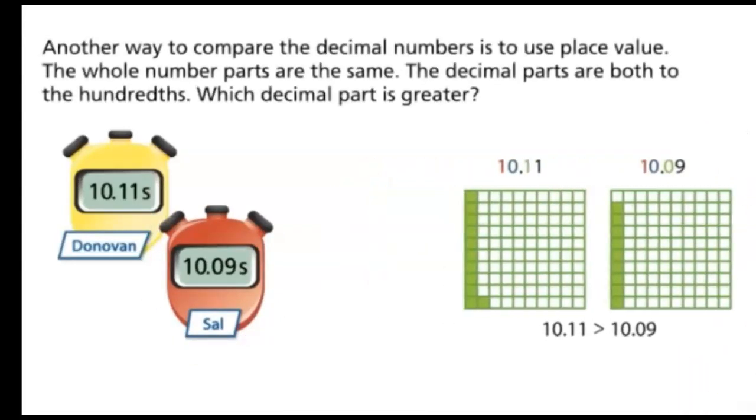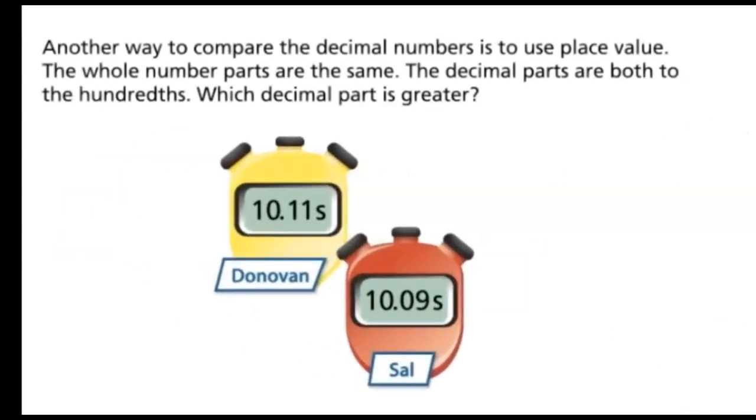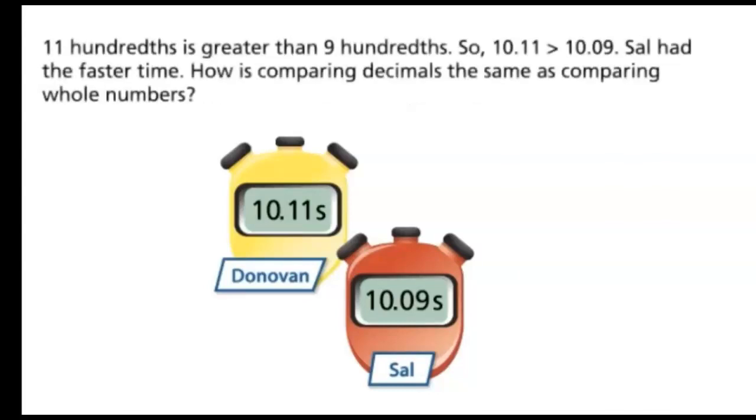Another way to compare the decimal numbers is to use place value. The whole number parts are the same. The decimal parts are both to the hundredths. Which decimal part is greater? Eleven hundredths is greater than 9 hundredths.